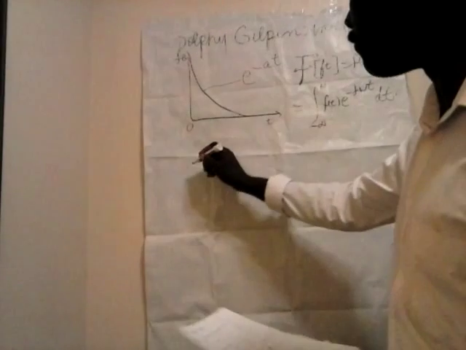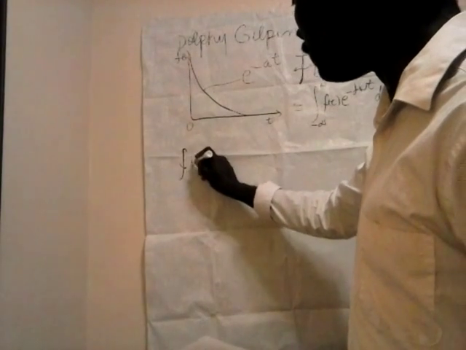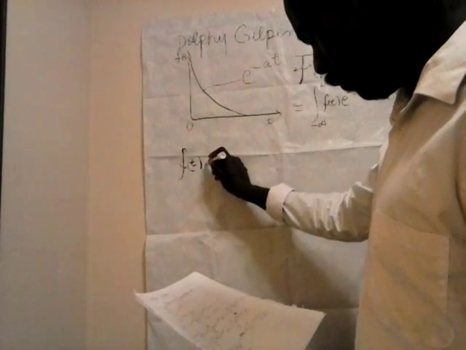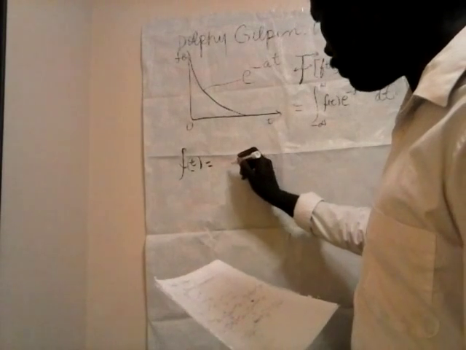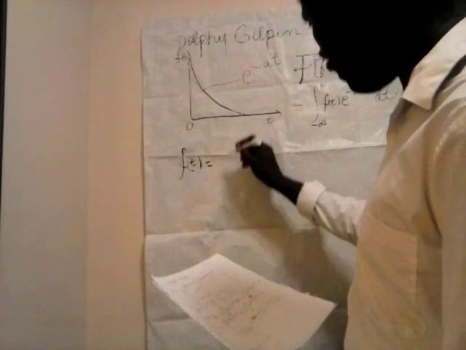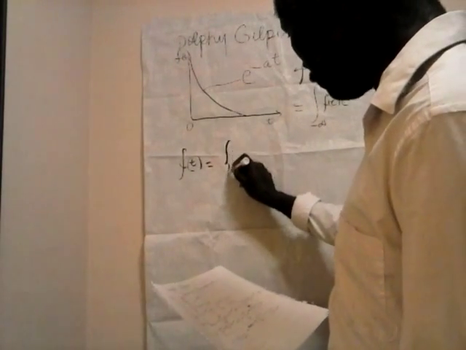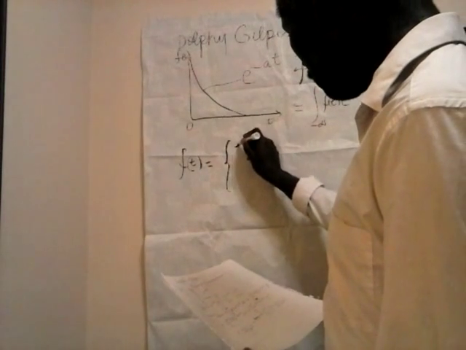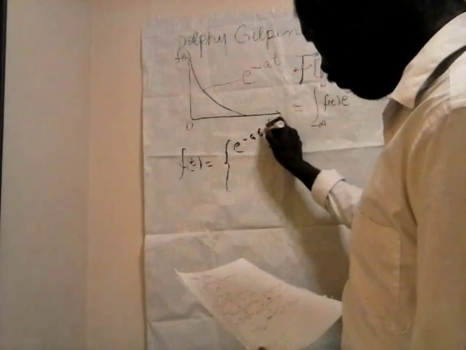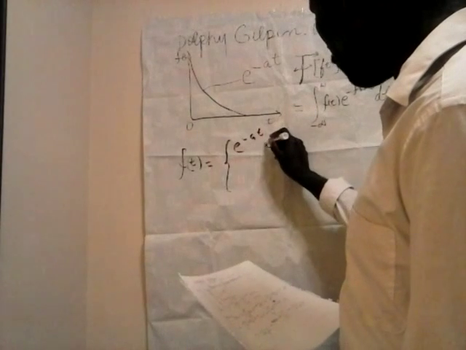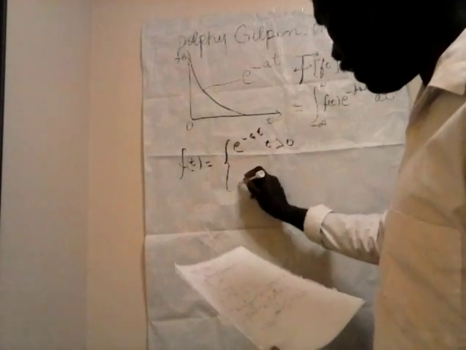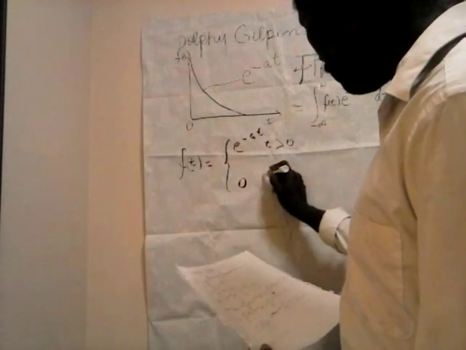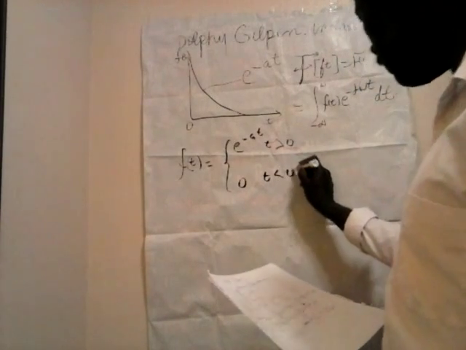Now we're given that this function f of t, which is f of t times u of t with the unit step, is equal to e to the minus at for t greater than 0 and 0 for t less than 0.